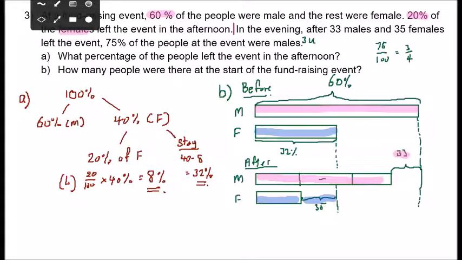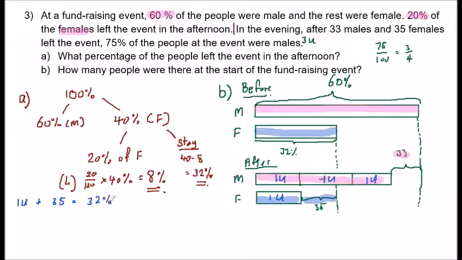Maybe if I write down this 1 unit, it becomes clearer. So 1 unit plus 35 equals 32%. Then we have the pink color: 3 units plus 33 gives us 60%.